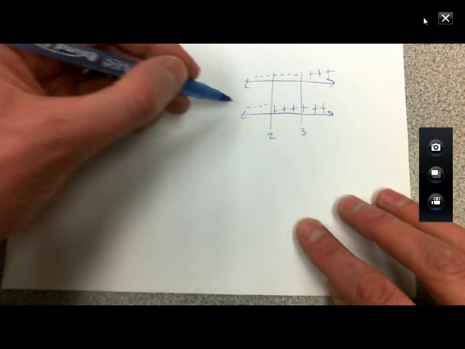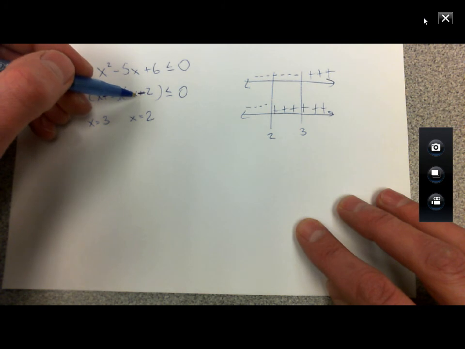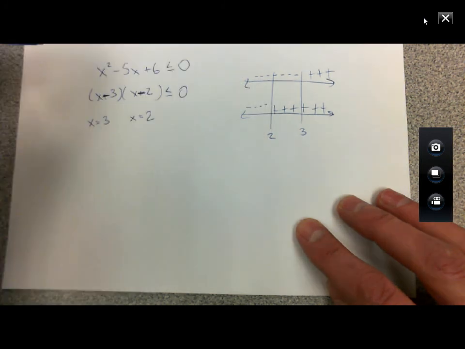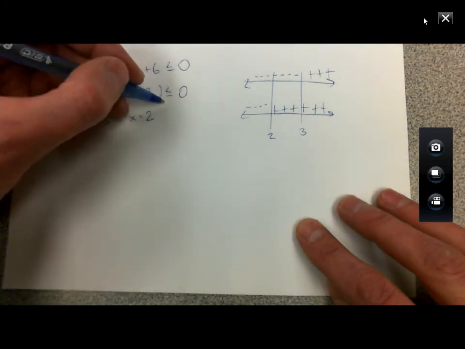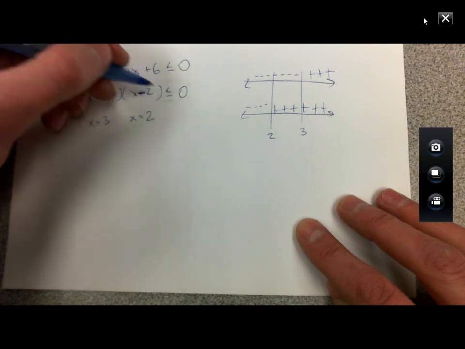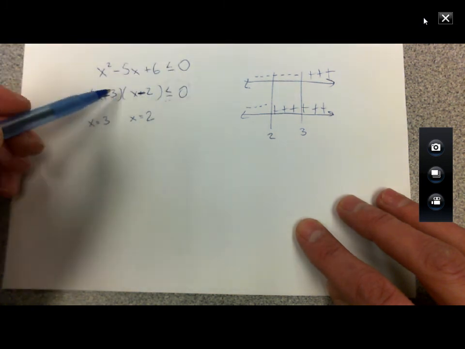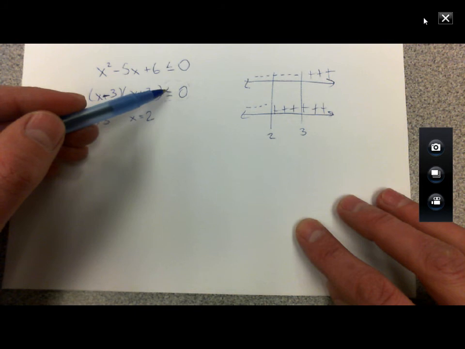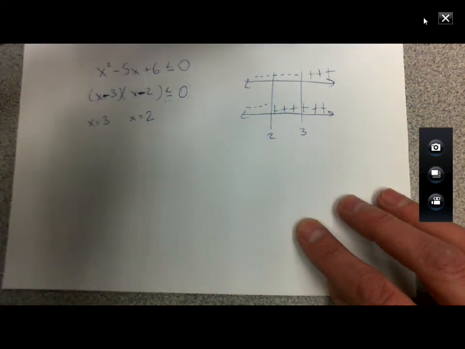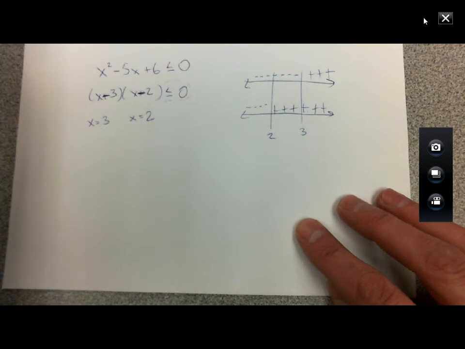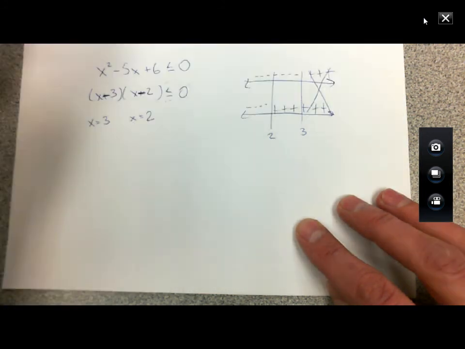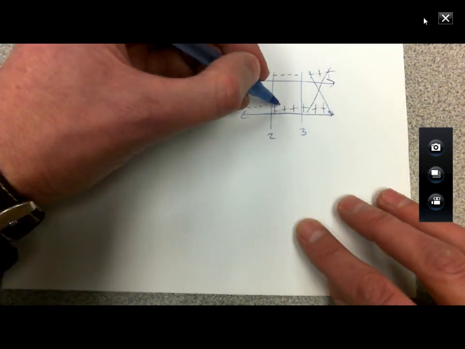Less than 2, negative result. So plus, minus. Now we have to look at this bit right here. I want the product of these two to be less than or equal to 0. Well, a positive times a positive is not less than 0. That's going to be positive. A negative times a positive is negative.